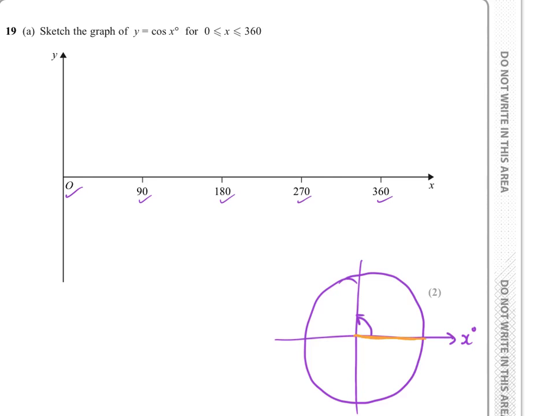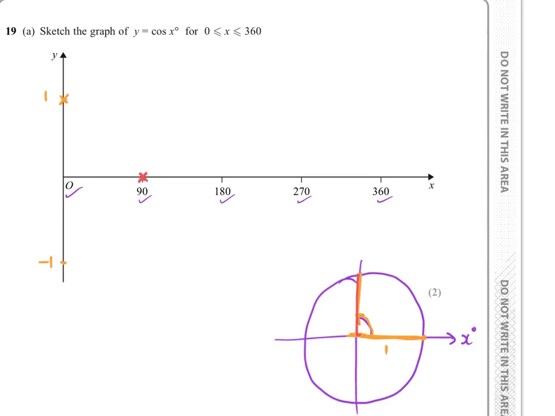Well, 0 degrees, then the cosine is 1, because this is a unit circle, so the radius is 1 in all directions. So we've got 1 here, and then importantly I'm going to put minus 1 down here. So the first value is 1. When we turn through 90 degrees, then we actually don't have any length or breadth here at all on the cosine. So when we get to this value here, the cosine has disappeared and it is 0.